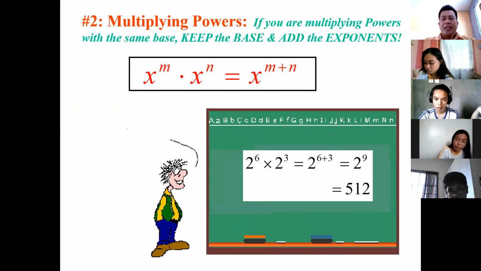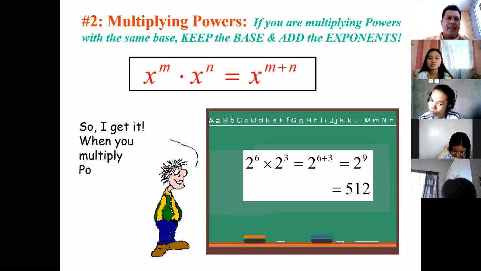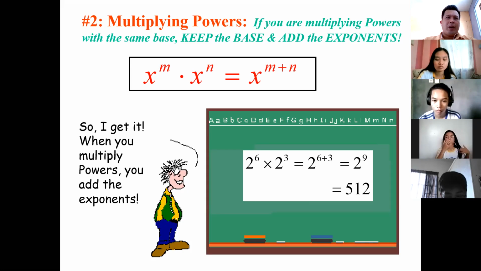Okay? So what is the justification or the general rule for exponential law number 1? When you multiply bases with the same value, simply add the exponents while keeping the base in its original value.